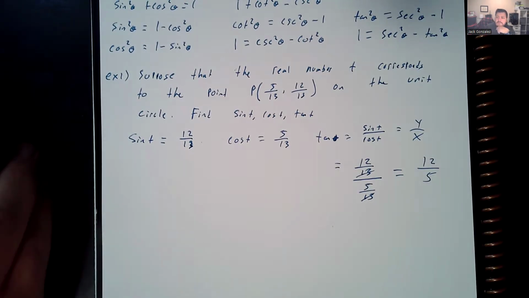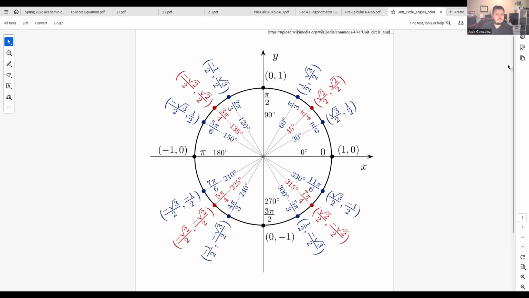Okay, let me find the unit circle here. So here's the unit circle that I gave you last time. Also, I sent it on Remind. If they tell you what is sine of 30, you just go to the y value. Sine of 30, our t would be 30, our y would be a half.